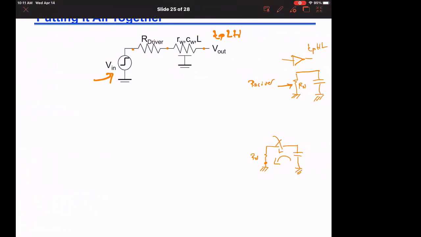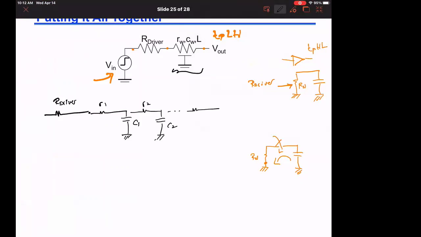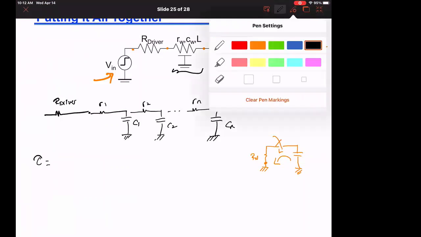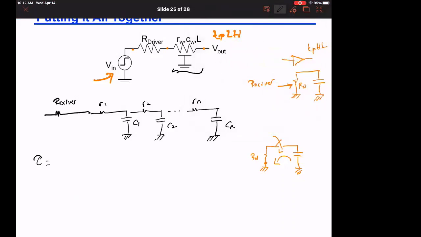If I want to write now my equations, I am going to represent our driver here, and the distributed model we really have R1, C1, R2, C2, all the way up to Rn, Cn. Now if I want to find the time constant, all that is going to change is I will have C1 multiplied by R1 plus R driver.